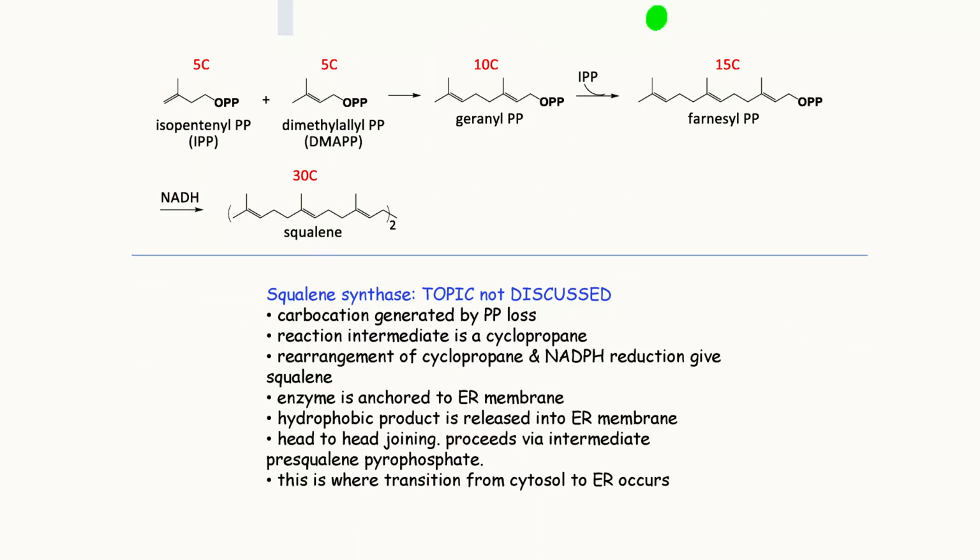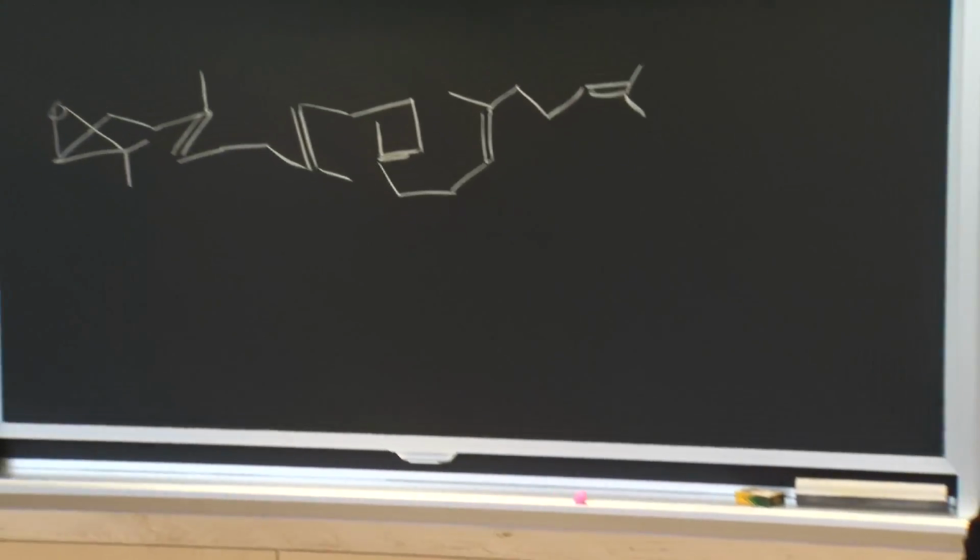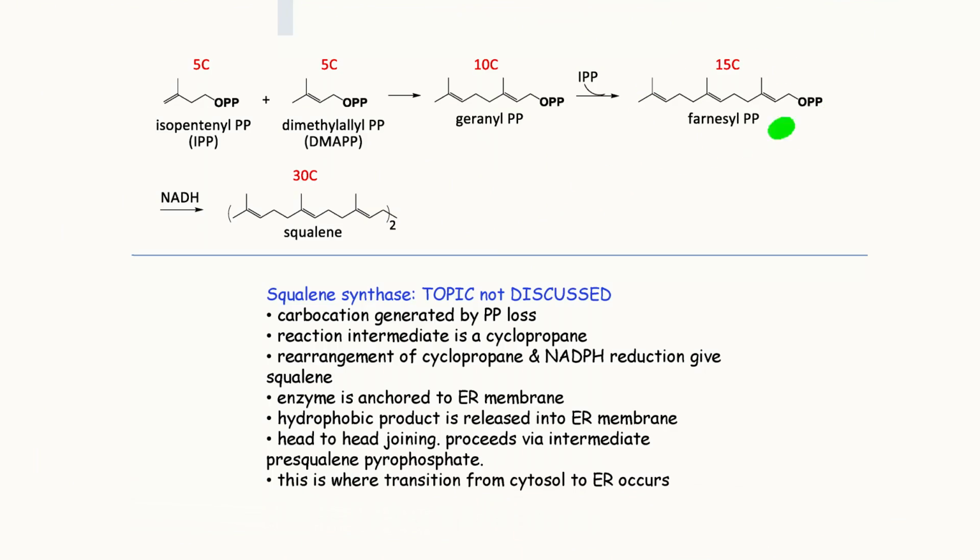Okay, so we had gotten to production of farnesyl pyrophosphate. Remember, if you look at the structure of cholesterol, its precursor is a C30. So the next step is quite an interesting enzymatic reaction, which we're not going to talk about in any detail, but those of you who are interested can go look it up.